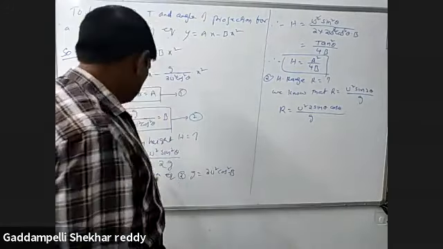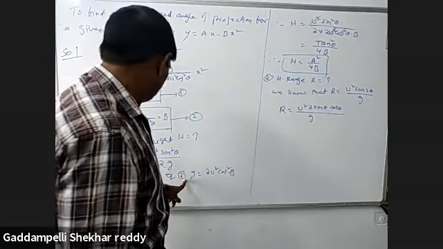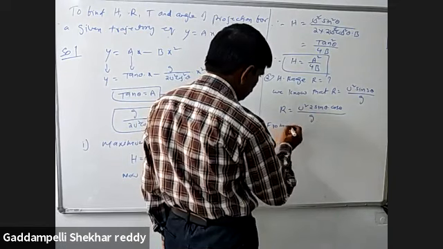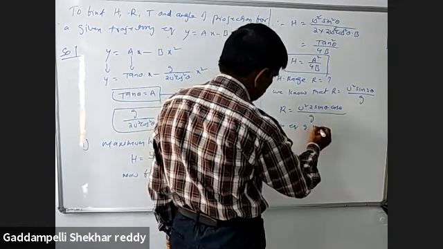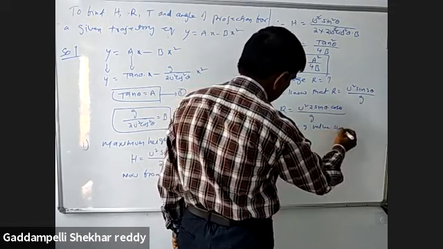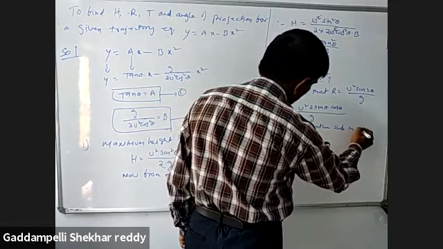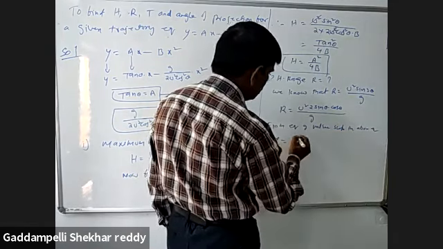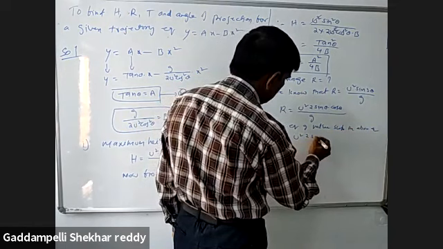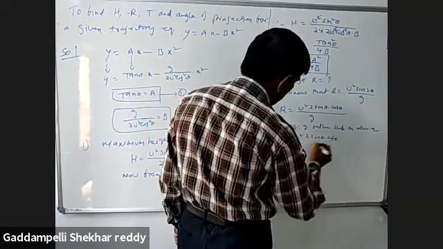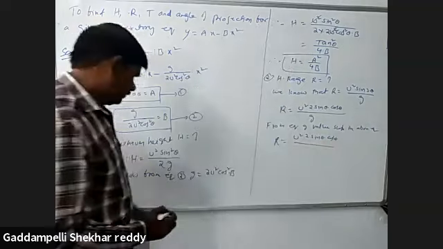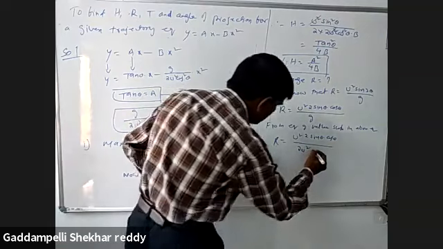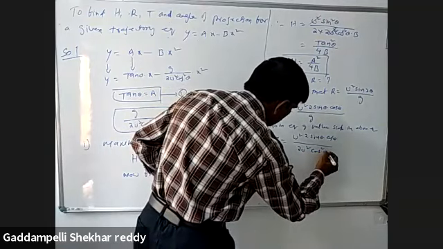From equation 2, substituting the g value in the above equation, R is equal to u square 2 sin theta cos theta by the g value, which is u square cos square theta into b.